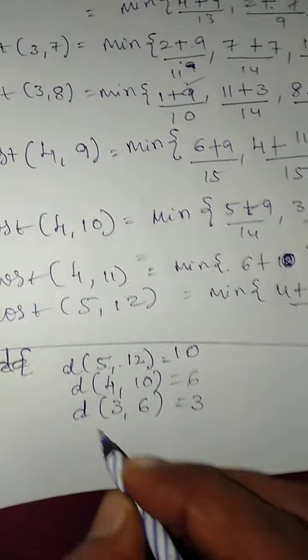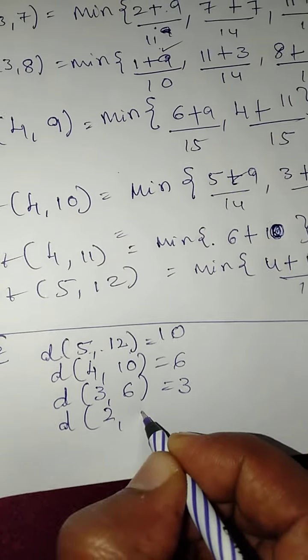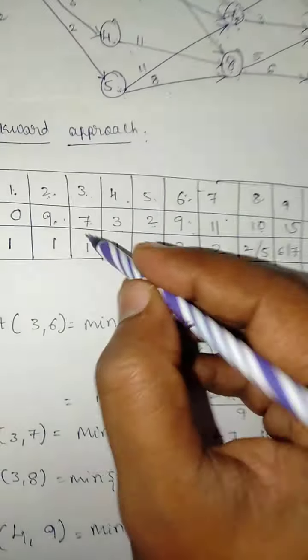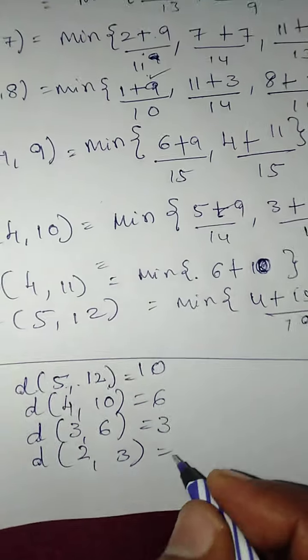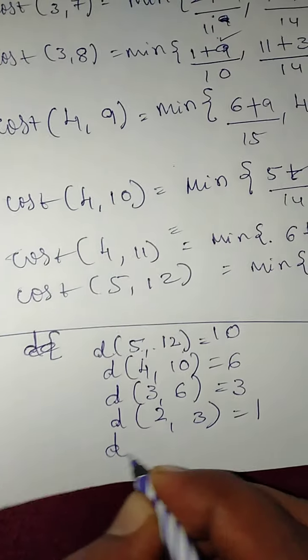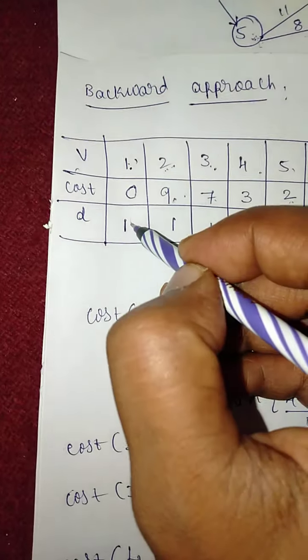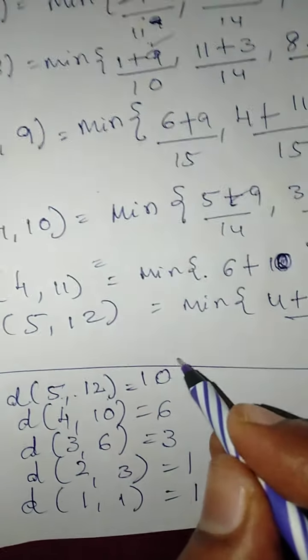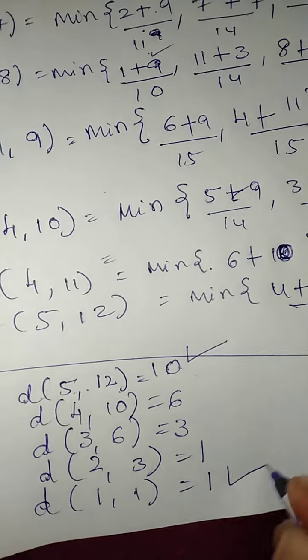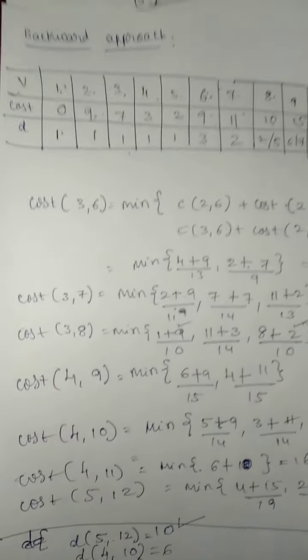Next, d of stage 2 vertex 3: for vertex 3 it is 1. Next, d of stage 1 vertex 1 is nothing but 1 itself, and that is how I reach from the sink to the source, and this is what the backward approach is.